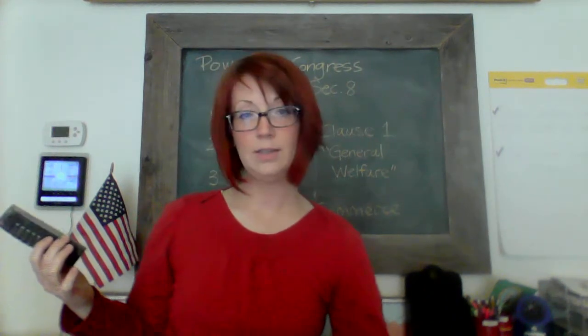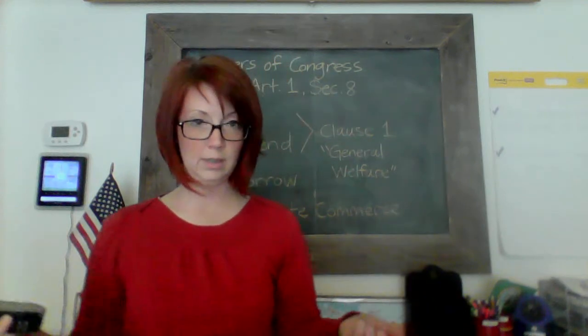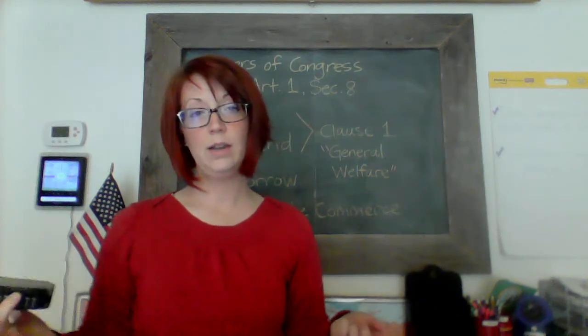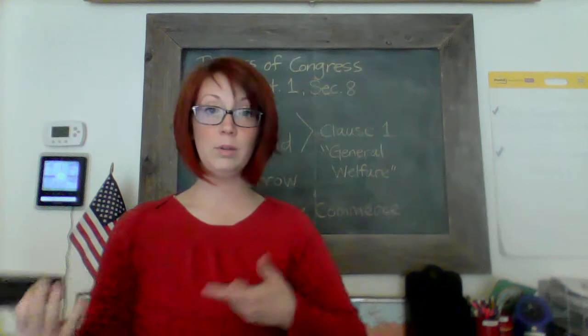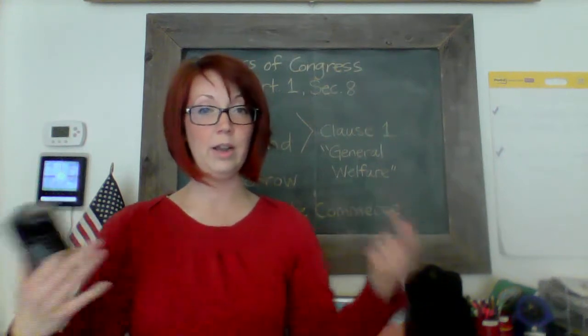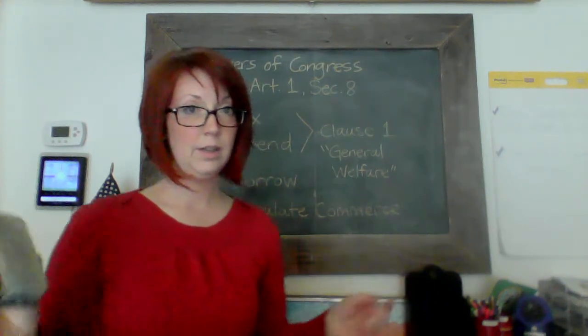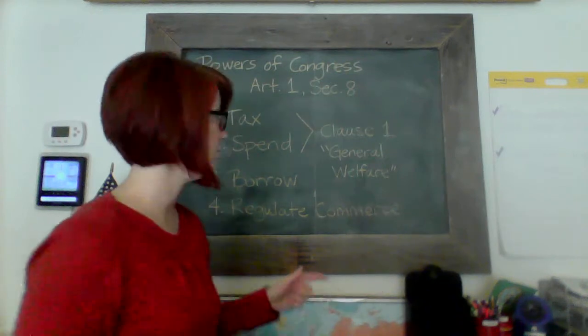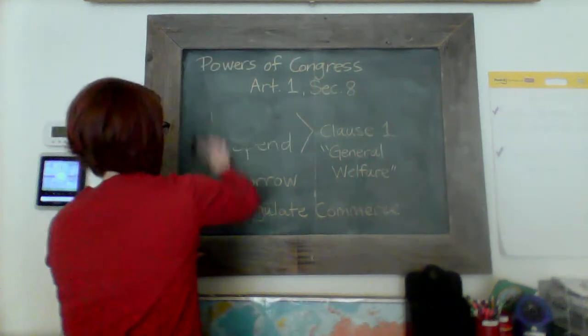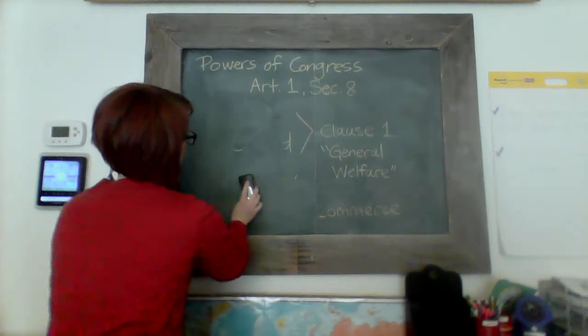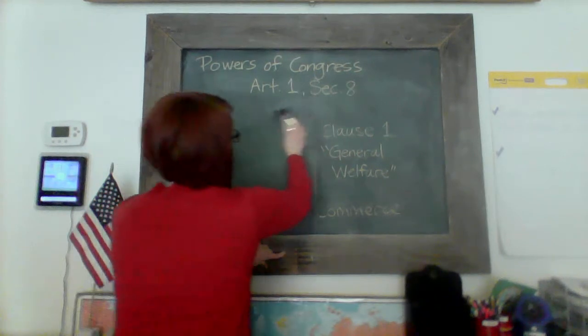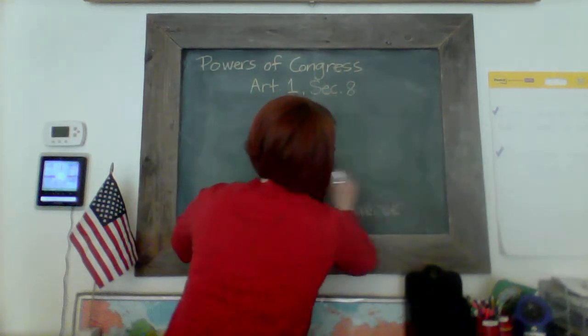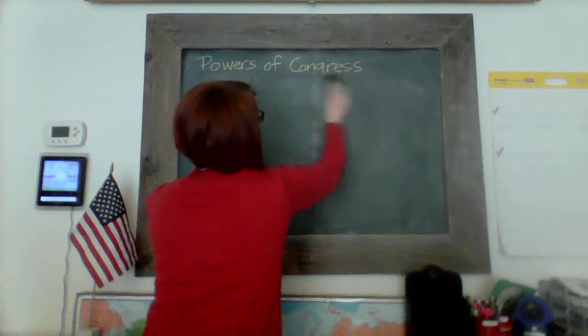Okay, naturalization means how someone becomes a citizen. So the Congress can decide the rules for people to come into our country who want to become American citizens. They get to decide the rules on how they can do that. Okay, so I'm going to erase this.